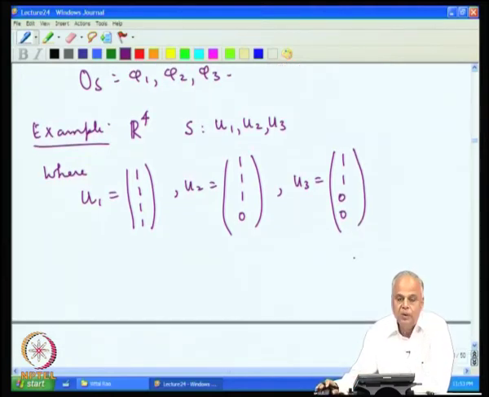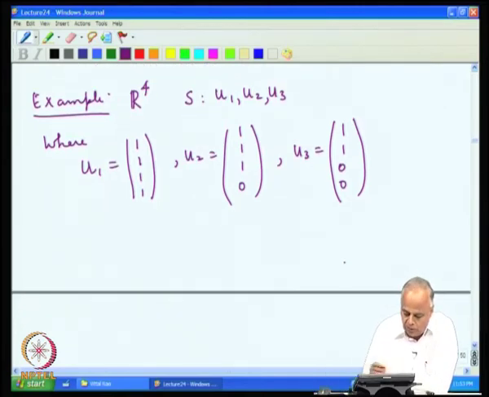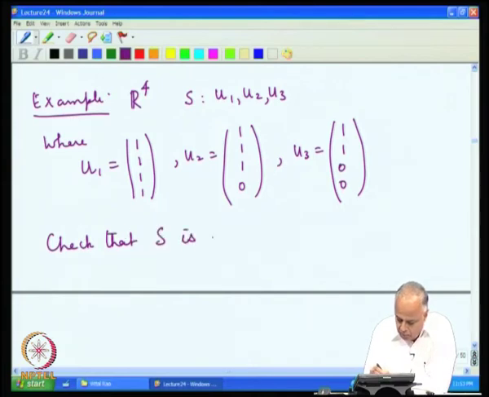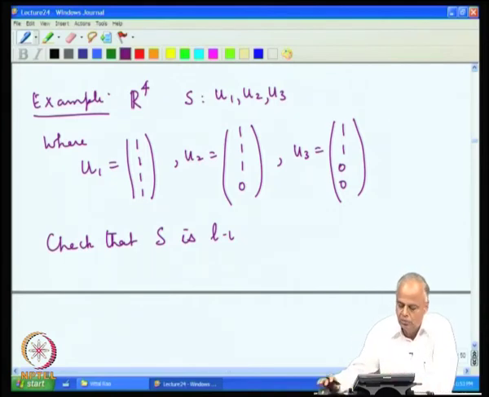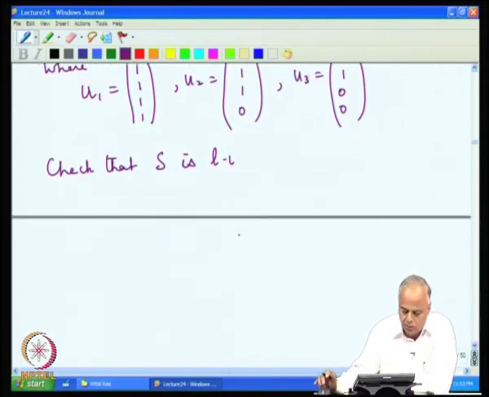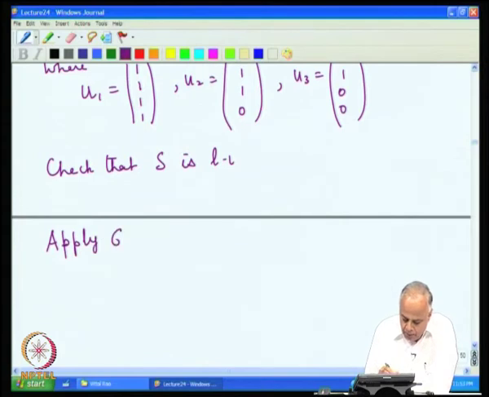Now, you see that these vectors are not orthogonal, and therefore the Gram-Schmidt process will change them to produce V1, V2, V3. Check that S is linearly independent. You take alpha1 u1 plus alpha2 u2 plus alpha3 u3 equal to the zero vector and show all the coefficients must be 0. We will assume that this checking has been done. Since it is a linearly independent set, we can apply the Gram-Schmidt process.